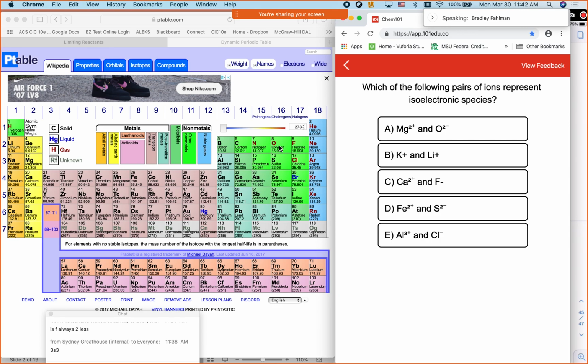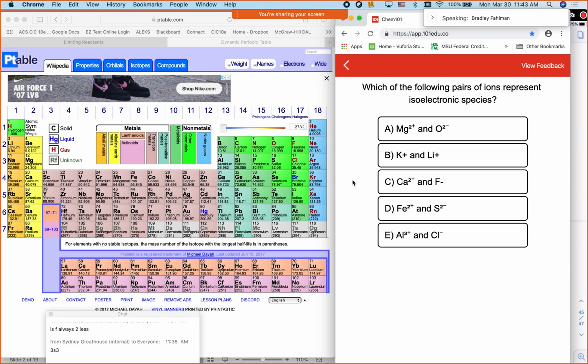If you add 2 electrons, that's also neon. Versus K plus would be what noble gas? Argon. But lithium plus is helium, right? So they're 2 different noble gases, so they're not the same. Calcium 2 plus is the same as argon, and F minus is the same as neon.